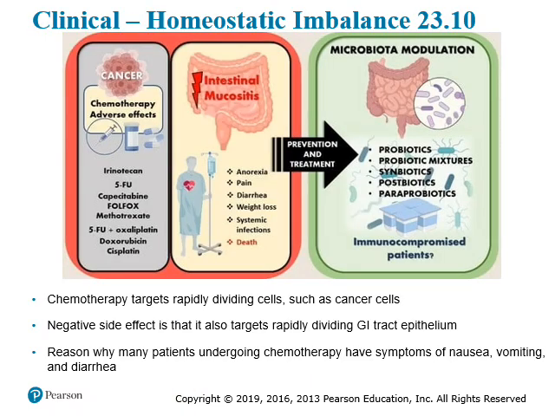So let's take a look at some homeostatic imbalance of the small intestine. This homeostatic imbalance is something that we need to mention in the study of the digestive system: the imbalance brought about by the use of chemotherapy to treat cancer.